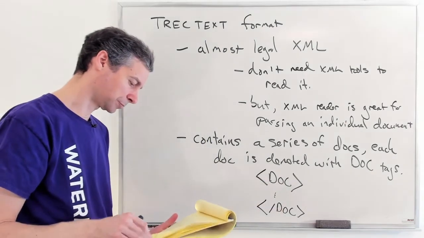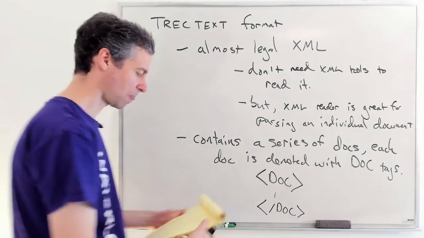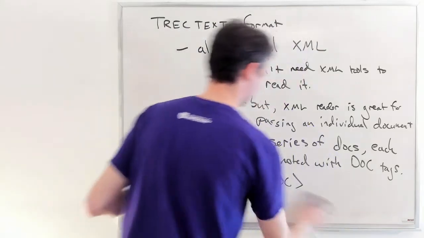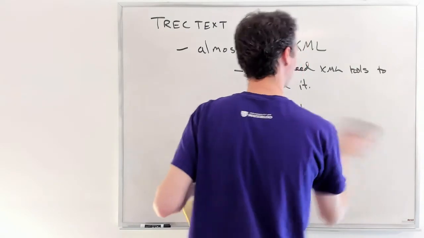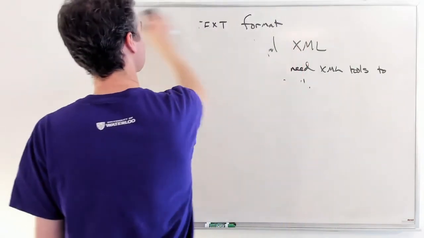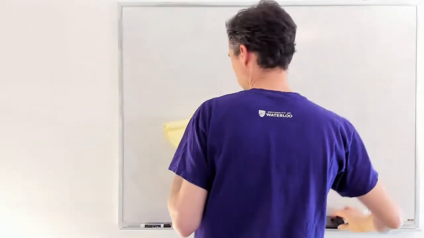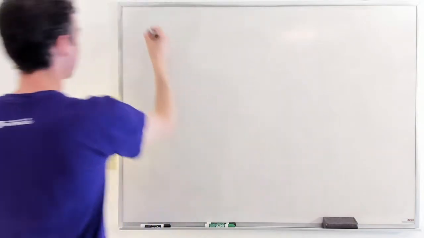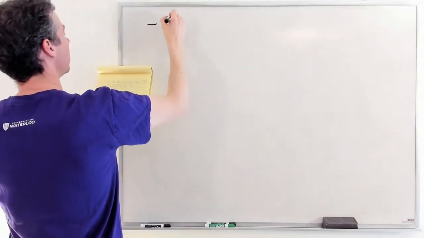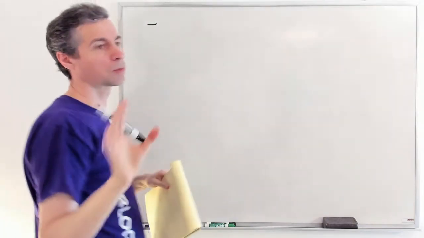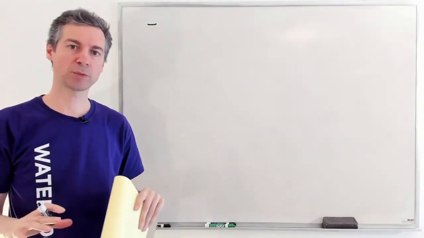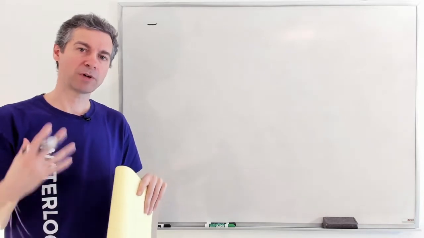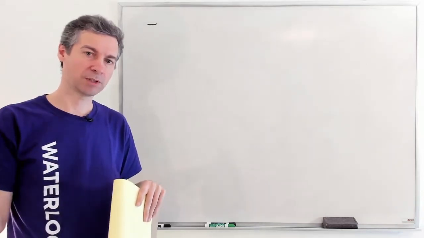All right. Now, what else is inside of these documents? When we're working with this system and we're going to do information retrieval experimentation, we need to keep track of which document is which.